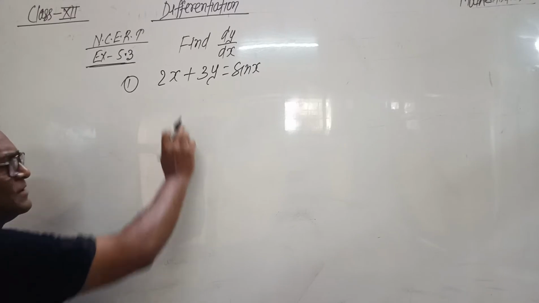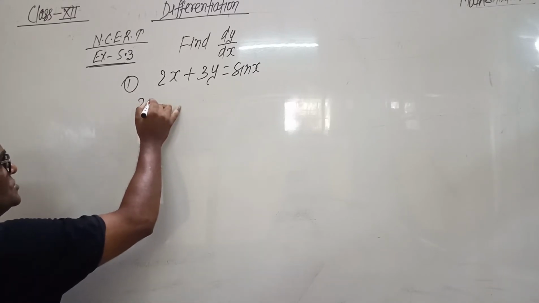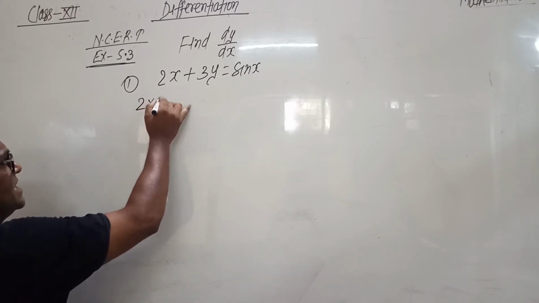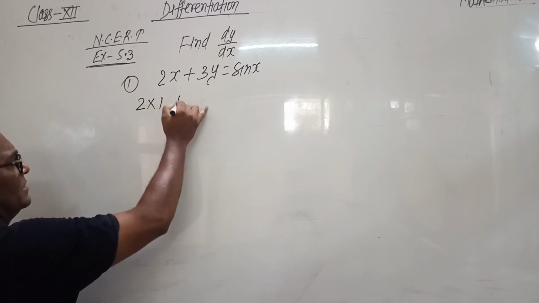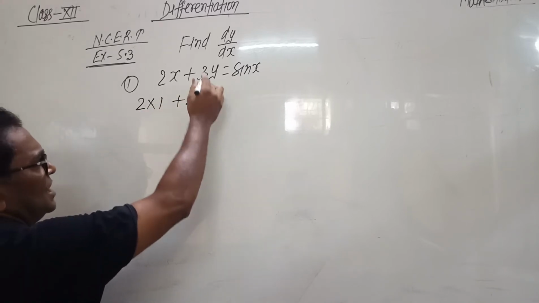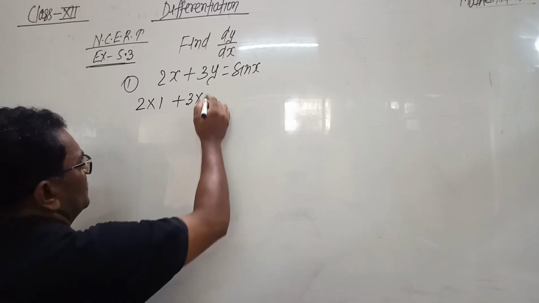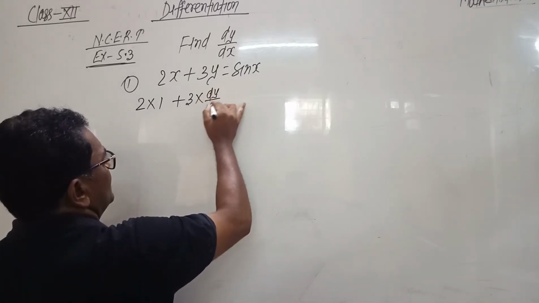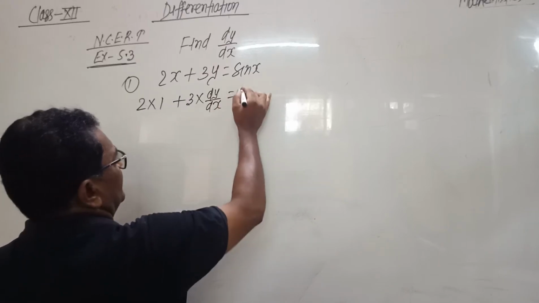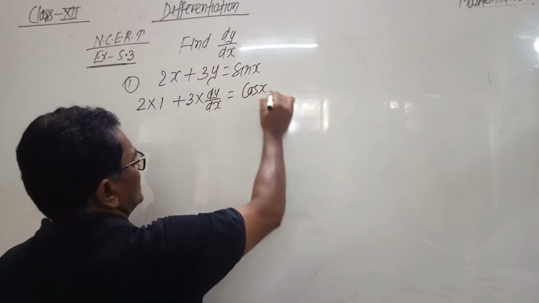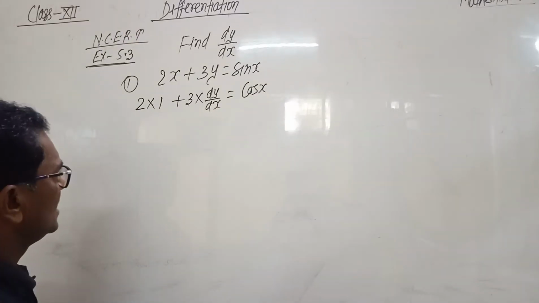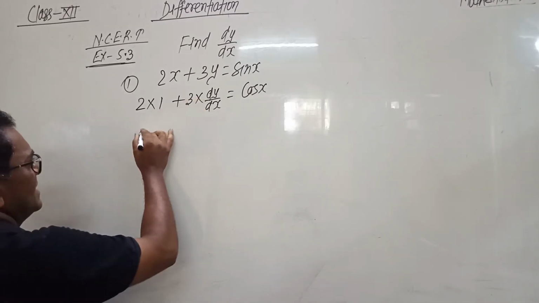So what would be the differentiation of 2x? 2 is the constant term and d by dx of x comes to be 1, plus 3 as it is. 3 is the constant term, taken outside, and the differentiation of y is dy by dx, and the differentiation of sin x with respect to x is cos x. Now we will eliminate dy by dx.